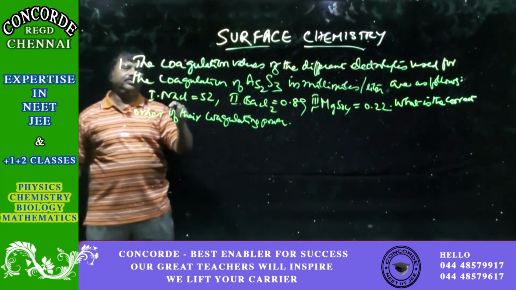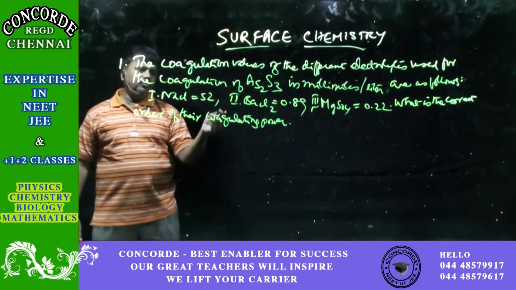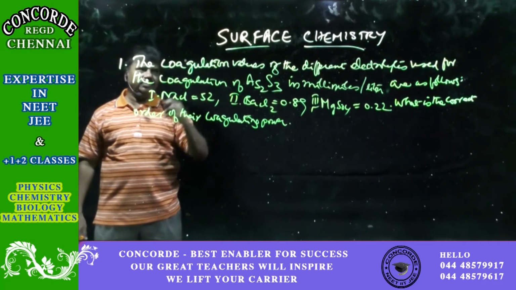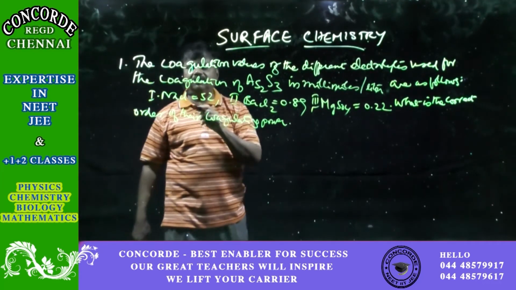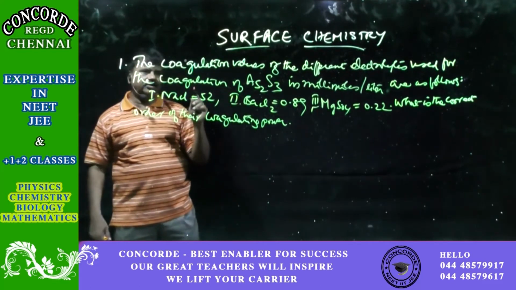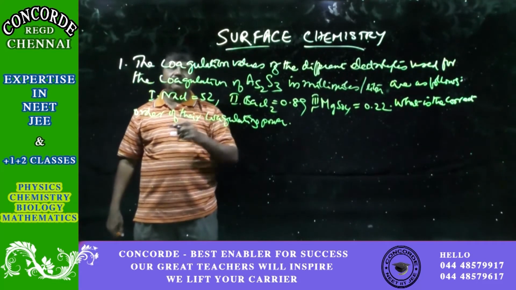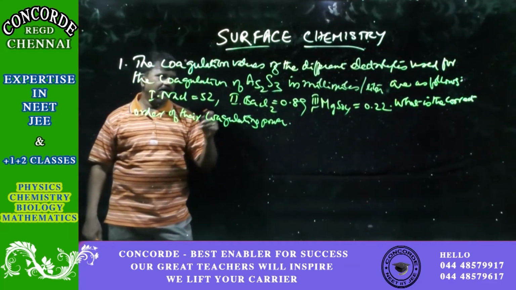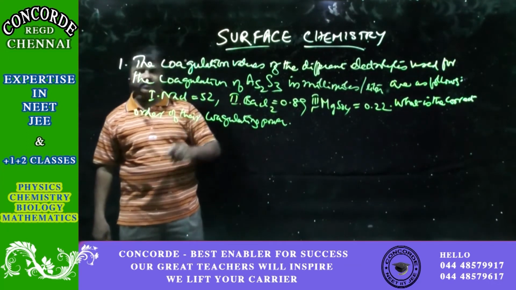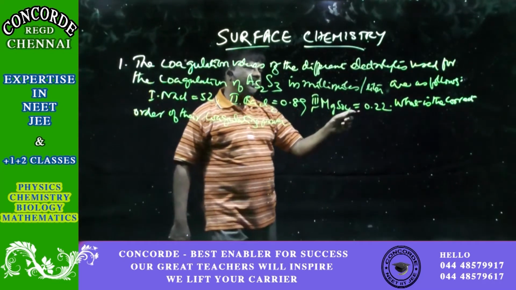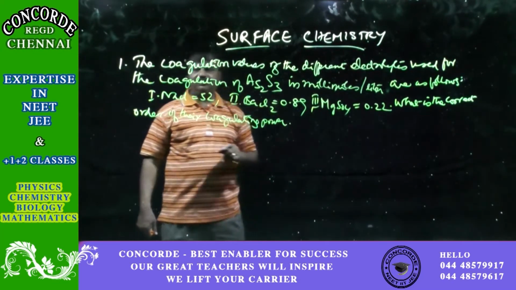That means 52 millimoles per liter of NaCl is required for coagulation of 1 mole of As2S3. Whereas with BaCl2, 0.89 millimoles per liter are sufficient, and with MgSO4, 0.22 millimoles per liter are sufficient.